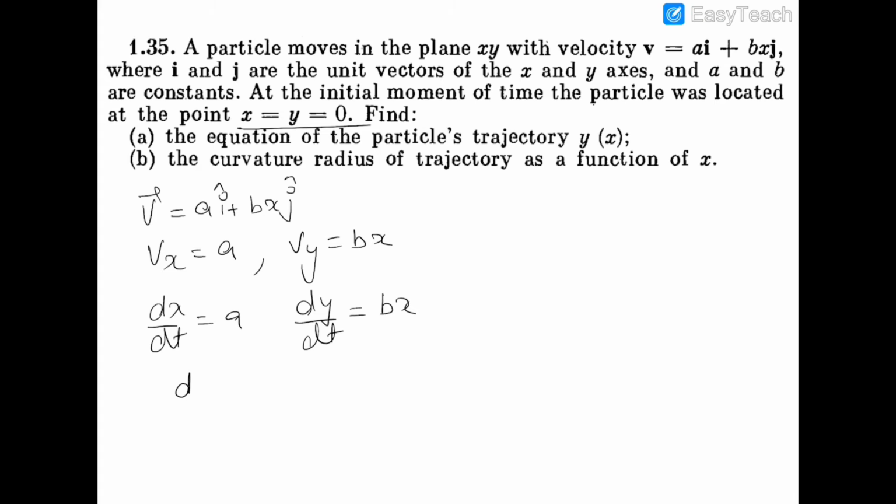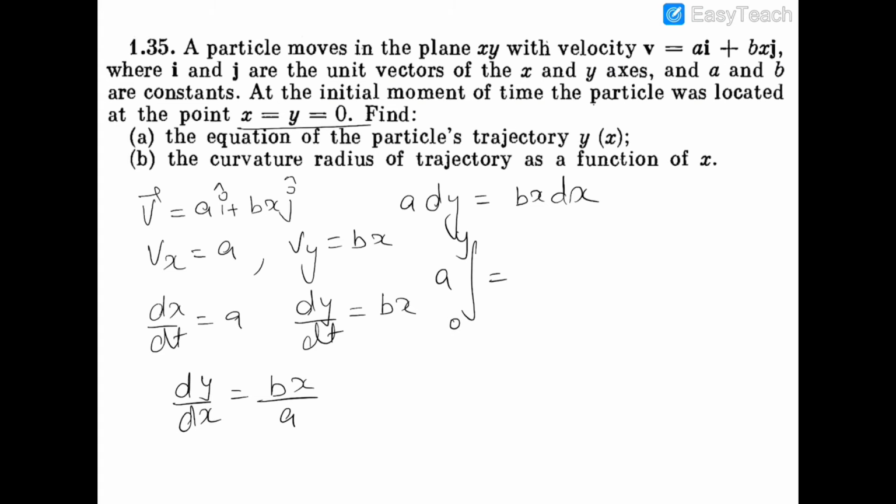So you can see that dy by dx is equal to bx upon a, and dy is equal to (bx/a) dx. Integrating both sides, the integration of dy would be from 0 to y, and the integration of x dx has limits 0 to x.